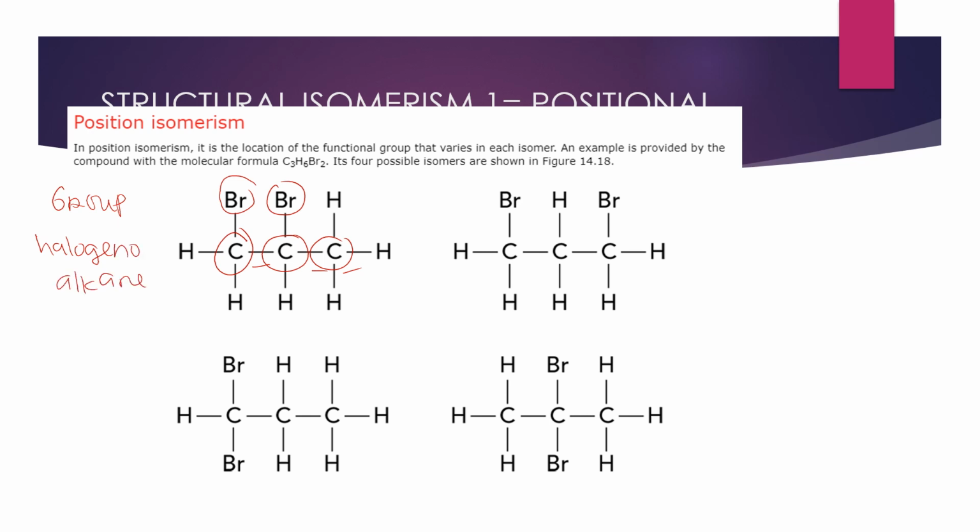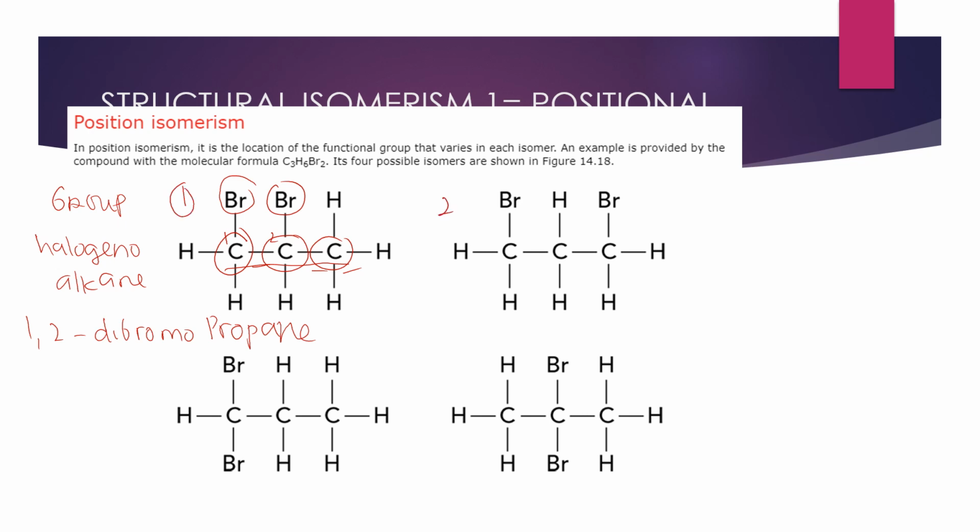The alkane consists of 3 carbons, the name is propane. Then there are 2 bromines, in carbon number 1 and carbon number 2. So the name of the compound is 1,2-dibromopropane. This is the first substance or the first isomer.